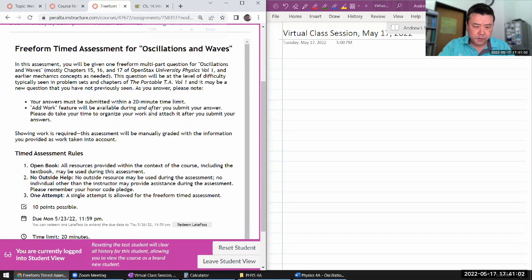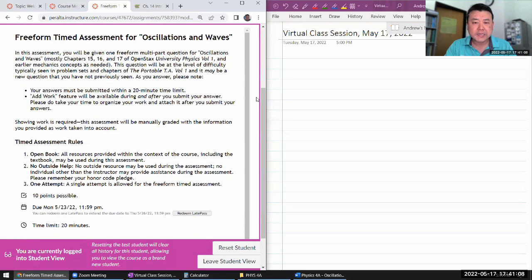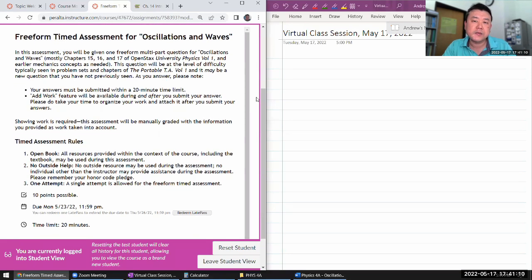One thing that I will warn you about, in case the question I get doesn't exhibit this: some of the questions might require you to use concepts from before, like the conservation of energy and momentum or static equilibrium.